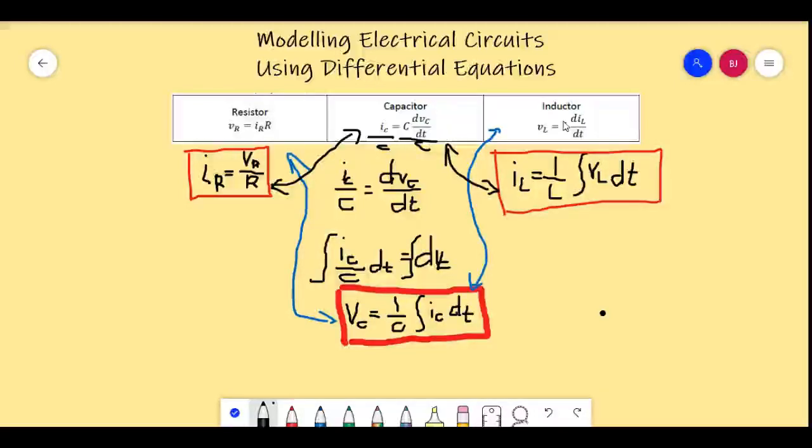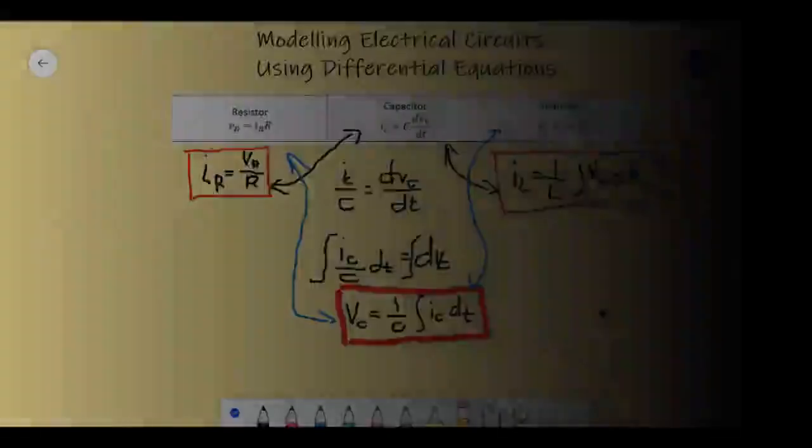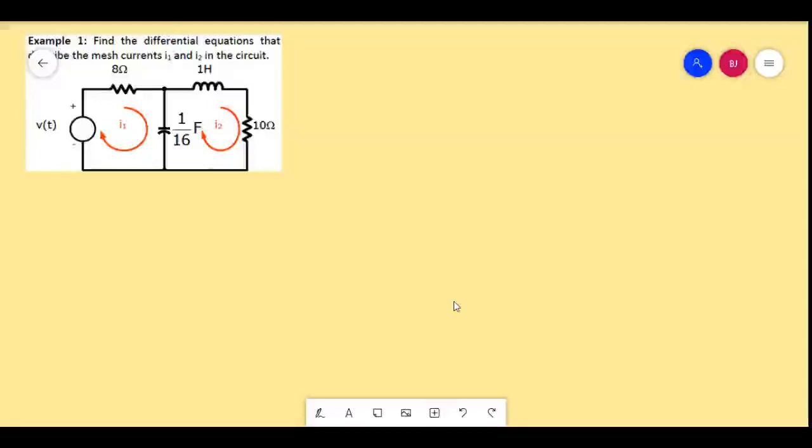But in order for us to have a firm understanding of how we'll be using this, we will have a consistent type of question. Just make sure you understand how this became this equation from here. So let me just get my two examples, and hopefully you could follow along.